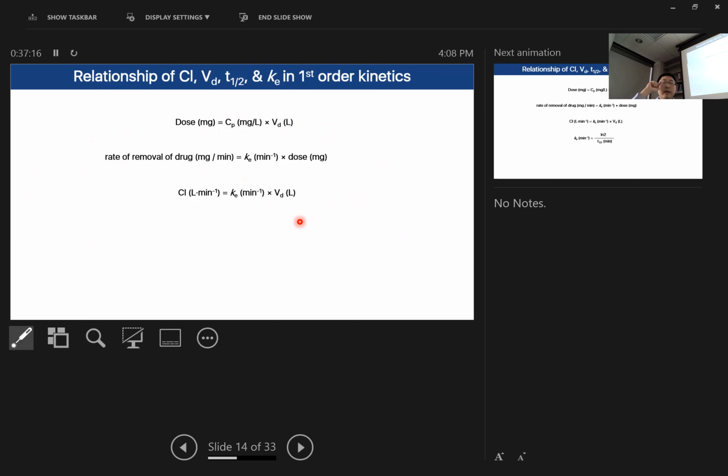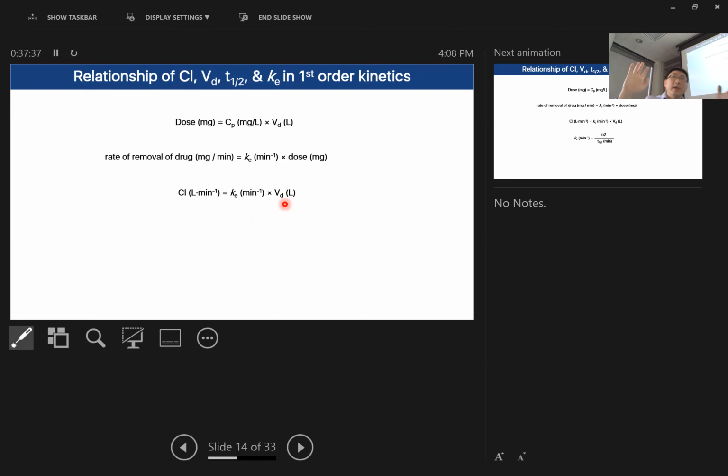This is actually clearance equals the elimination rate constant times the volume. So that's exactly, we say we are clearing the volume, right? The clearance is clearing the volume of distribution.